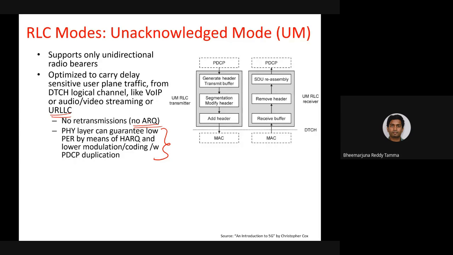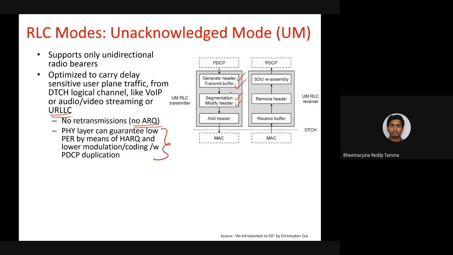So look at what the PDCP layer is doing here. It is generating a header and putting the packet in the transmit buffer, and if the packet size is bigger, it is doing the segmentation. And whenever it is doing the segmentation, the packet header has to be modified. That is what is being done here.